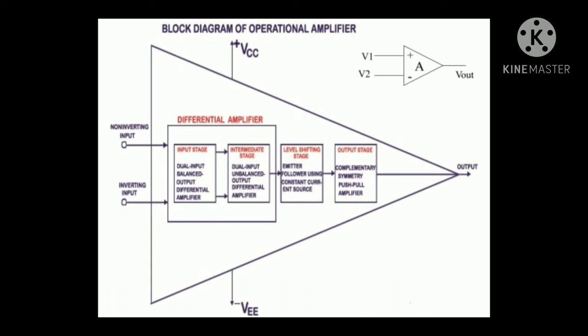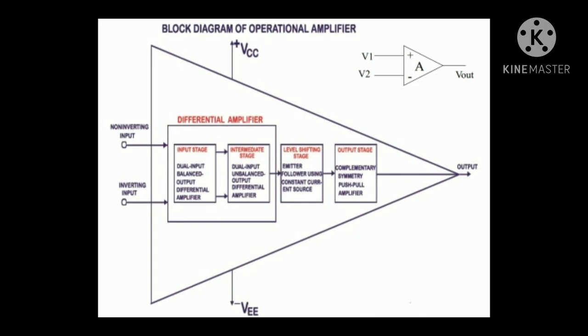The third stage is called the level shifting stage, and it is an emitter follower using a constant current source. As its name suggests, it is an emitter follower, so it does not amplify, but it shifts the signal level.